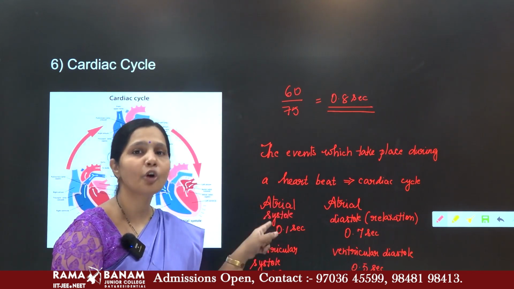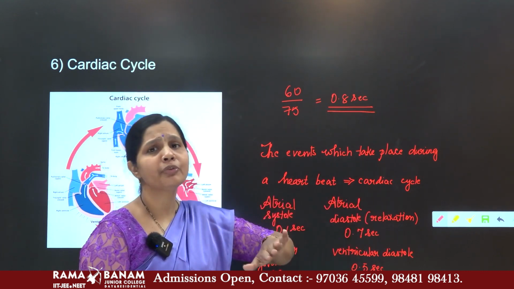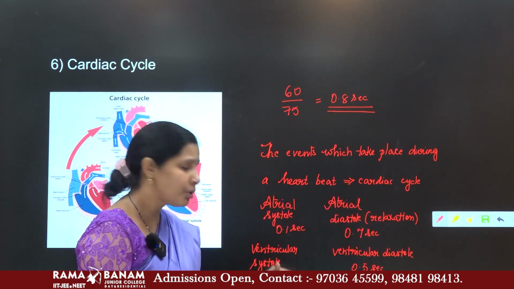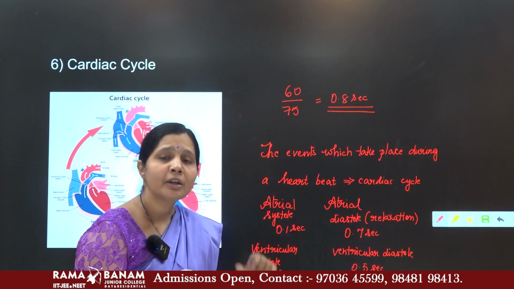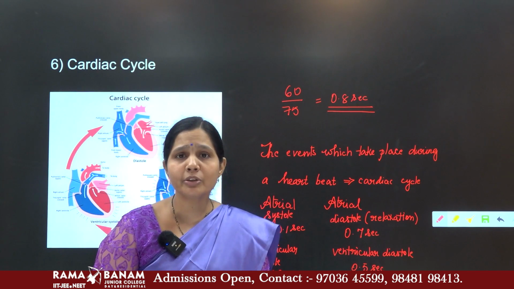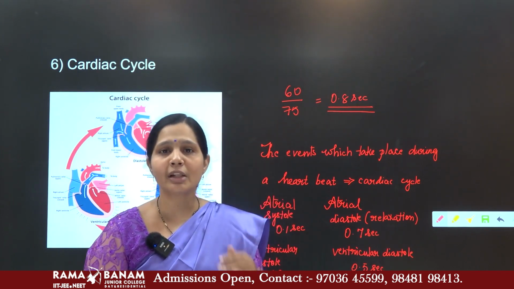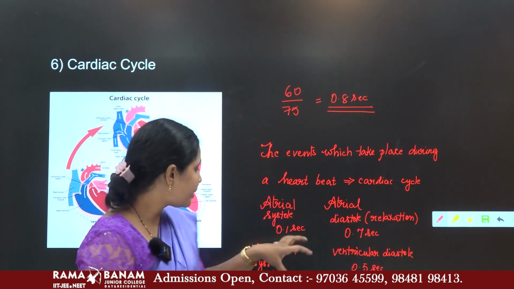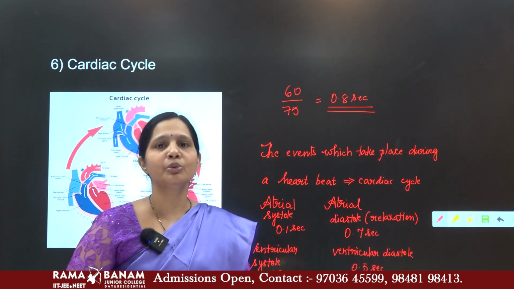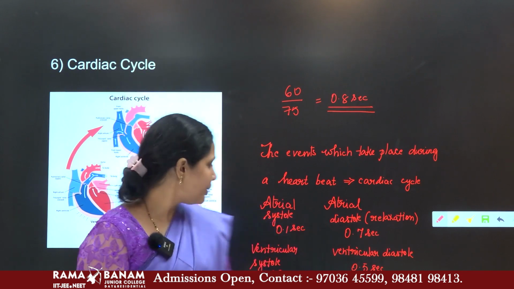Systole is nothing but contraction, whereas in atrial diastole the chambers of the atria relax, whereas during ventricular systole the ventricles contract, and at that time, since the pressure or turbulence of the blood is more in the ventricles, these AV valves will be closed and semilunar valves will open, so that whatever blood is there in the ventricles will be pumped into the aorta and into the pulmonary arteries, right.